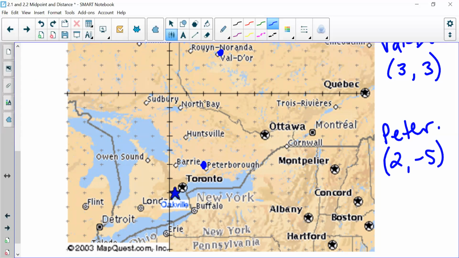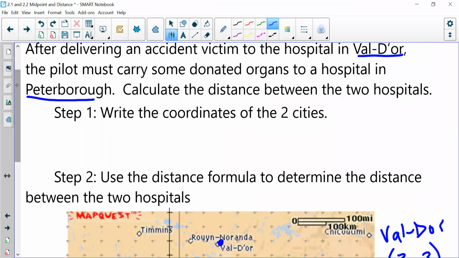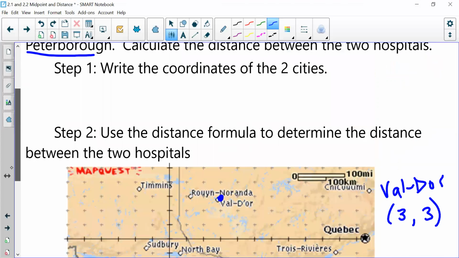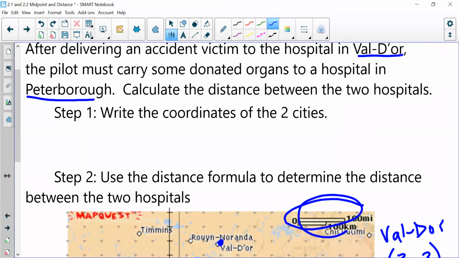Basically, this question is asking how far are those 2 cities based on the map here. And then you guys can take a look. There is a scale, so you try to figure out how close that is in kilometers once you figured out the actual distance with the formula.